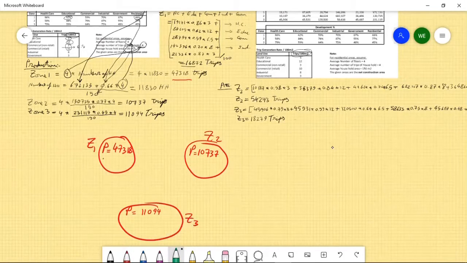On the other hand, we have attraction here. How much attraction do we have for zone 1? That's the attraction for zone 1.